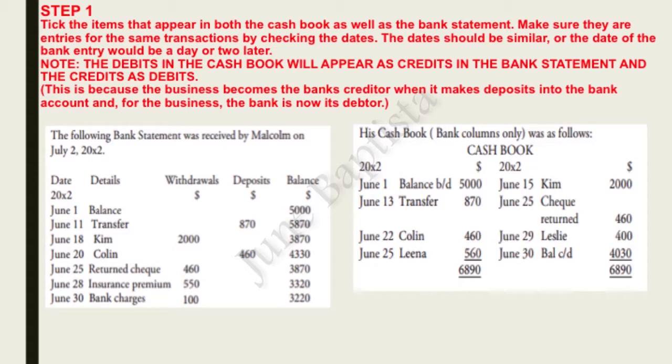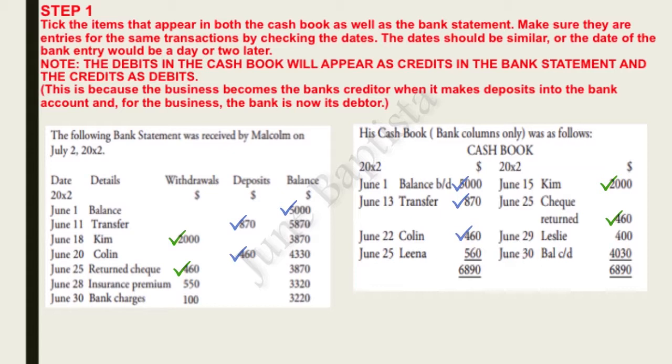Start with the balance brought down, 5,000, 5,000, 870 on the debit side, 870 on the credit side of the bank statement, 460, 460. Now moving on to the credit side, 2,000, 2,000, 460, 460.